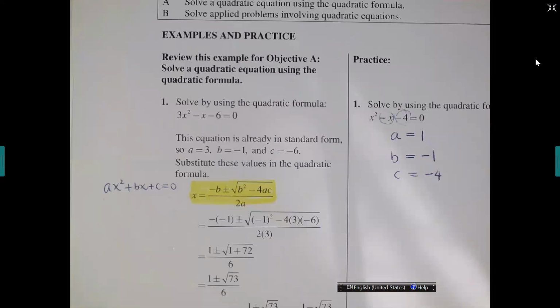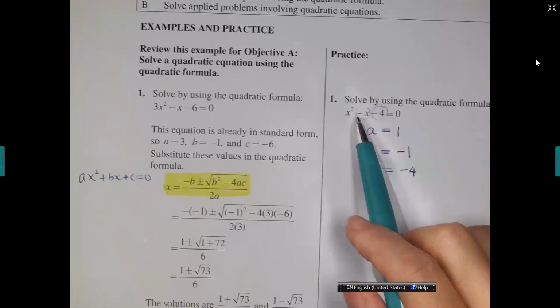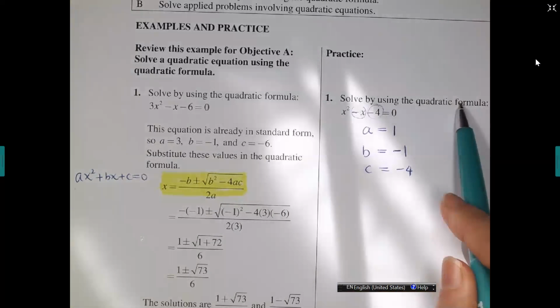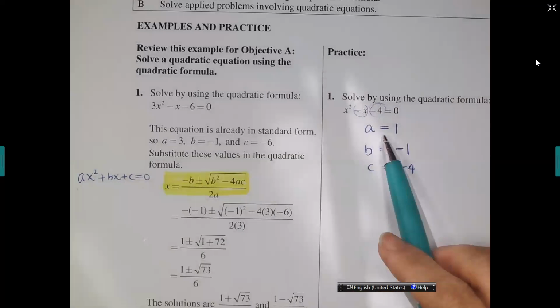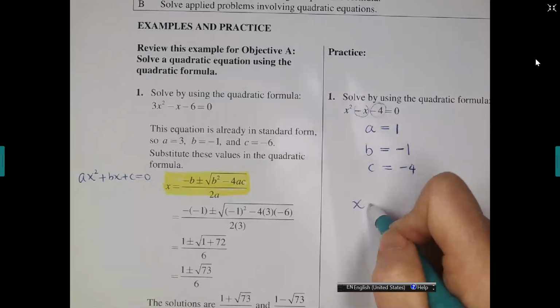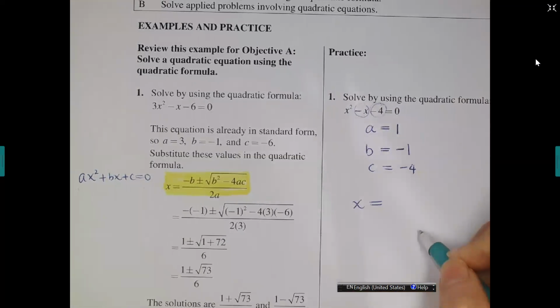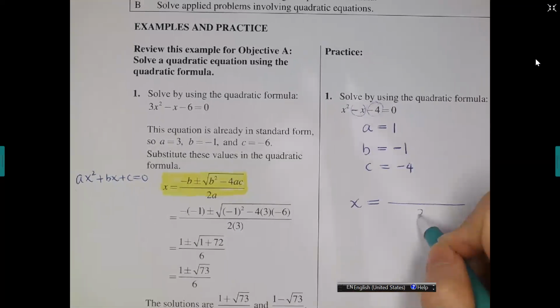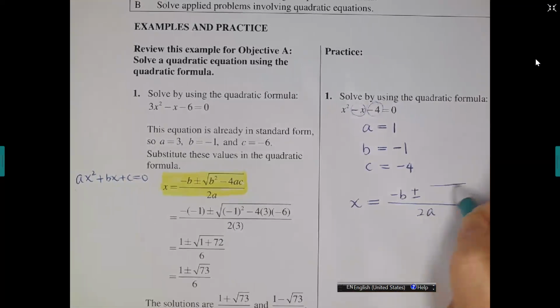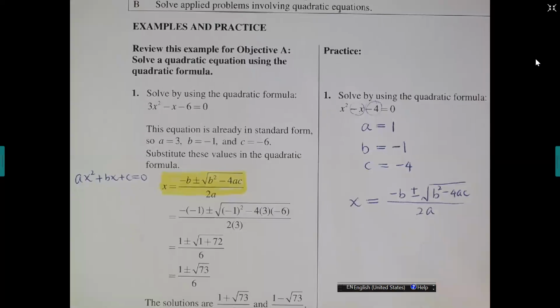Let's go back to this problem right here. Solve this equation using the quadratic formula. Step 1, we have got a, b, c respectively. Now I'm going to copy the formula. At the beginning, you might not be able to memorize it, so you can just copy it down: x equals negative b, either plus or minus the square root of b squared minus 4ac, all over 2a.